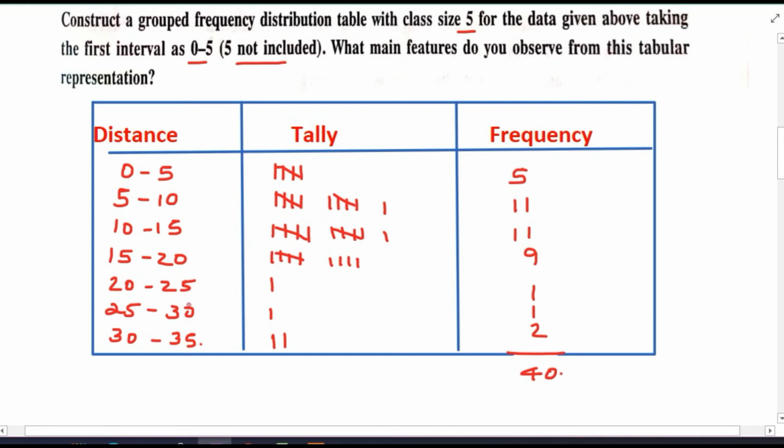Only 5 engineers are staying far away. So what feature do you observe from this tabular representation? We can say that there are very few engineers whose residence is more than or equal to 20 kilometers distance from their office, and most of the engineers have their workplace 5 kilometers to 15 kilometers distance from their residence.